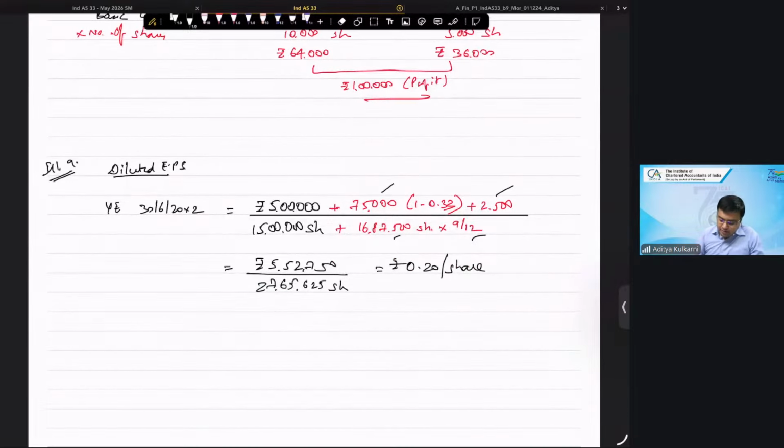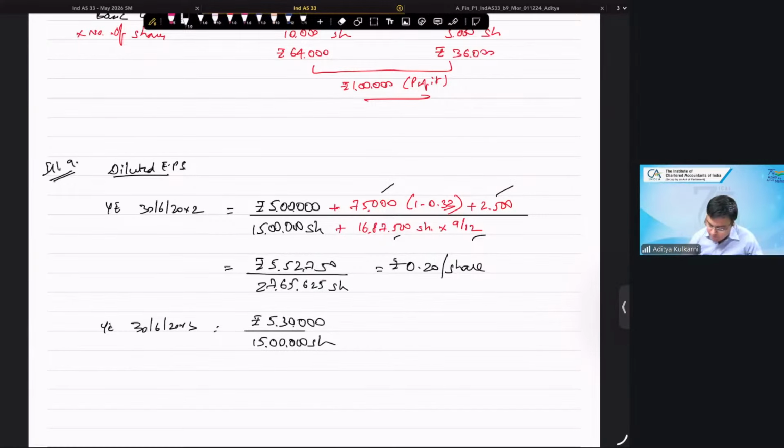Coming to year ending 20x3, your diluted EPS starts where basic EPS ends. So here, plus, this will be 1 lakh because now you will consider it for the full year, into 1 minus 0.33, plus 2,650.